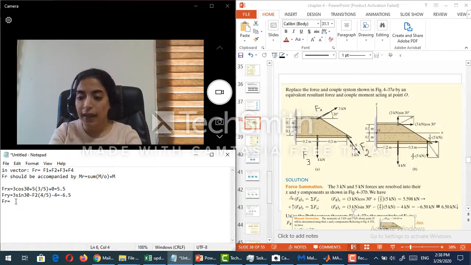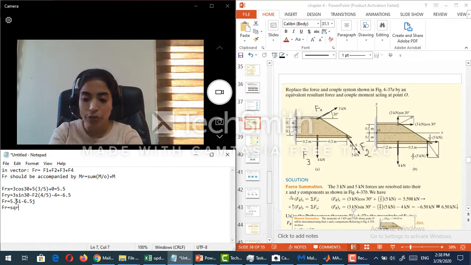So basically FR will be equal to 5.5 i minus 6.5 j, and of course guys, in order to locate FR on O and to draw it, I should find its magnitude and its direction. So its magnitude will be the square root of what?